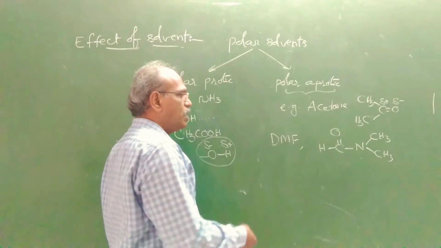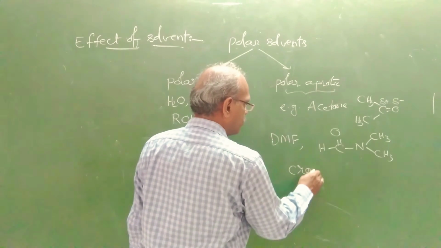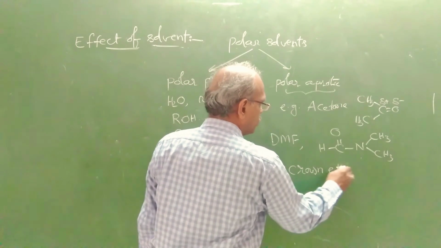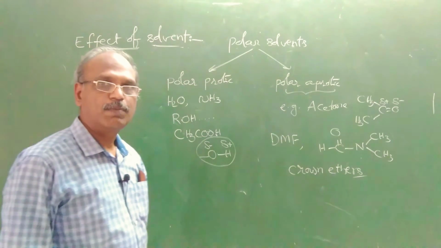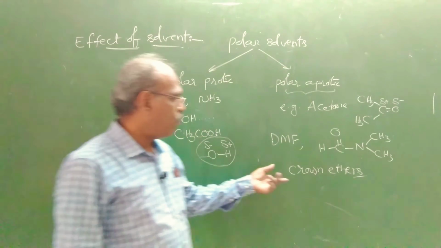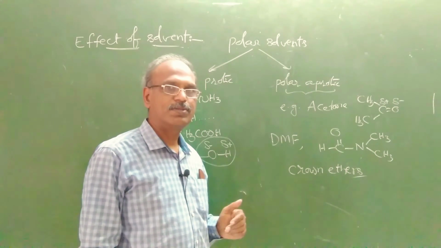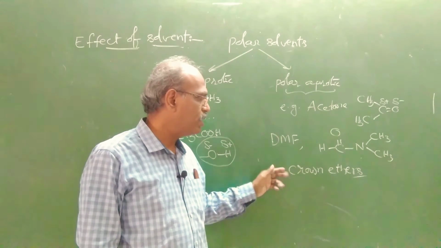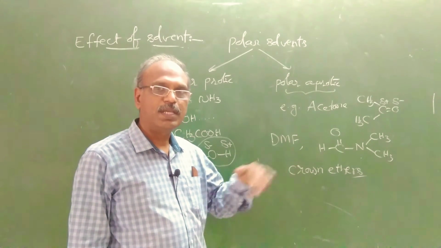Okay. In addition to these, crown ethers also come under polar aprotic solvents. What are crown ethers? Crown ethers are cyclic ethers containing at least 4 oxygens in the ring.